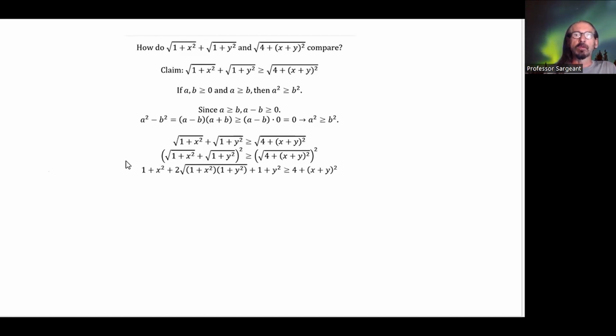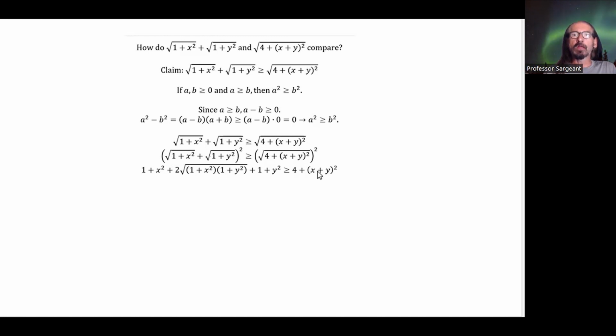In this case, you don't just get the square canceling out the square root of 1 plus x squared, and similarly, the square canceling out the square root of 1 plus y squared. We get in the middle also 2 times the product of the square root of 1 plus x squared times the square root of 1 plus y squared. And I skipped a step here, but you can apply the product rule for radicals to put the multiplication of those two radicals underneath a single radical.